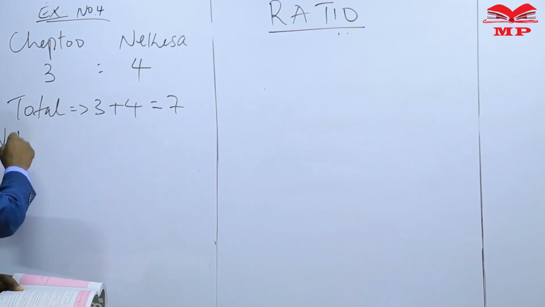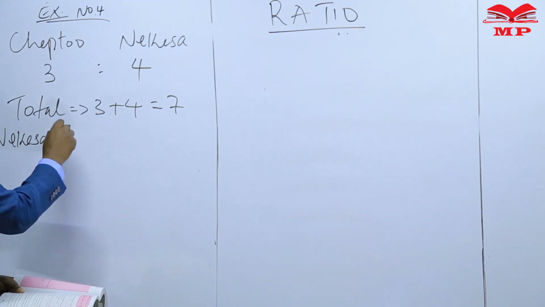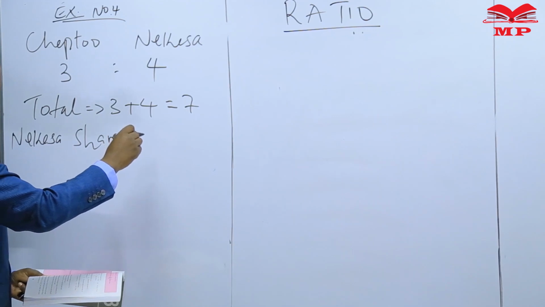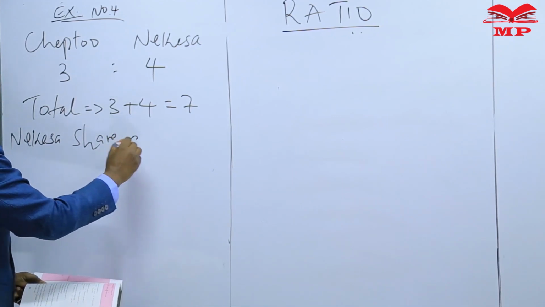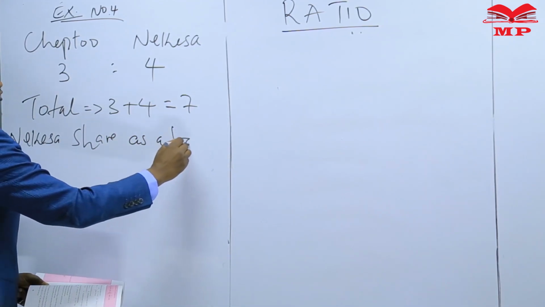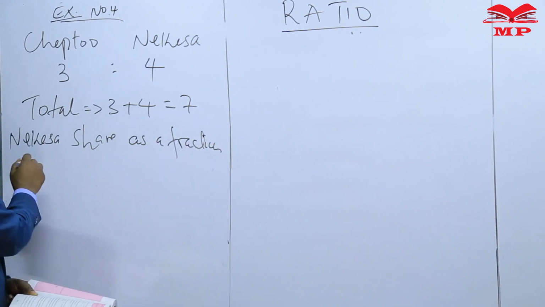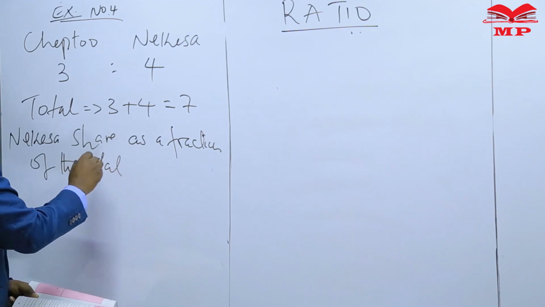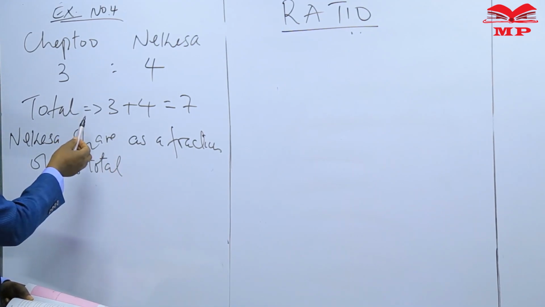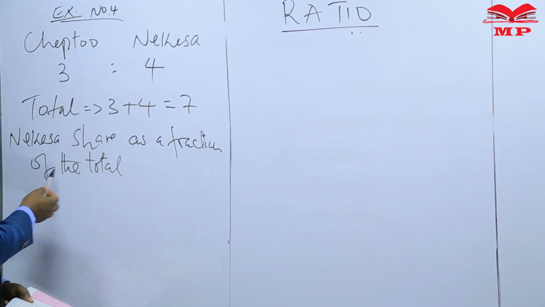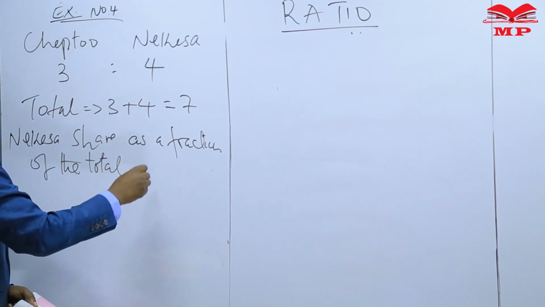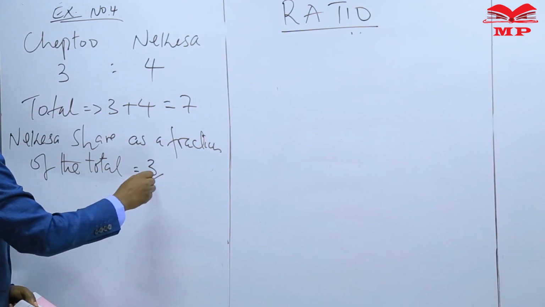Nekesa's share as a fraction of the total will be equal to 3 over 7.